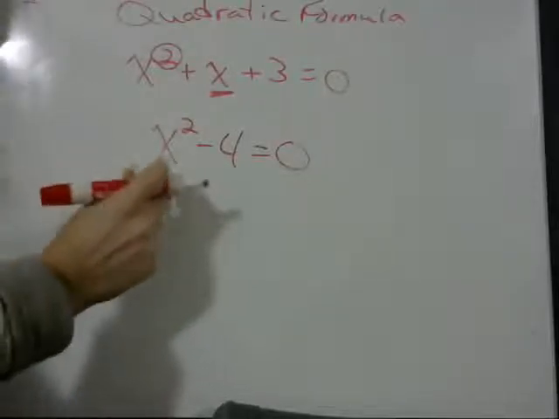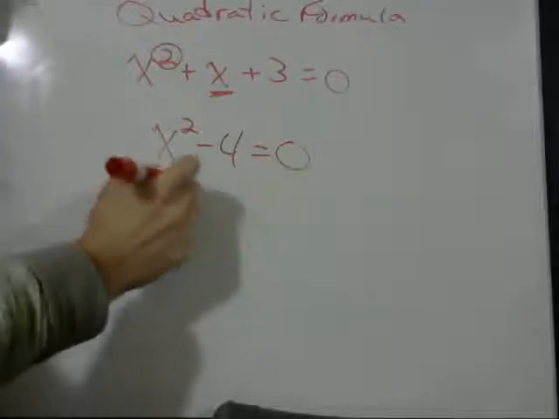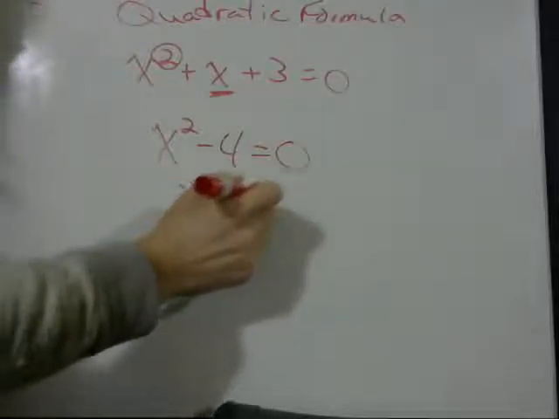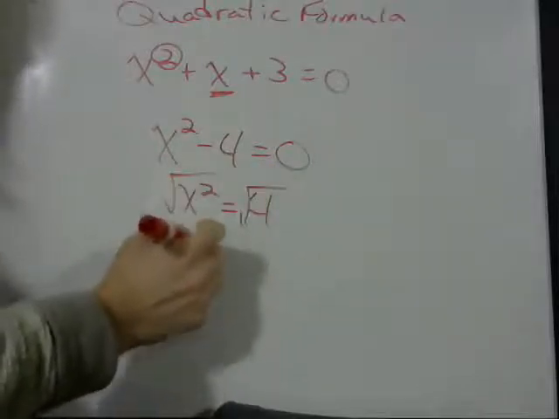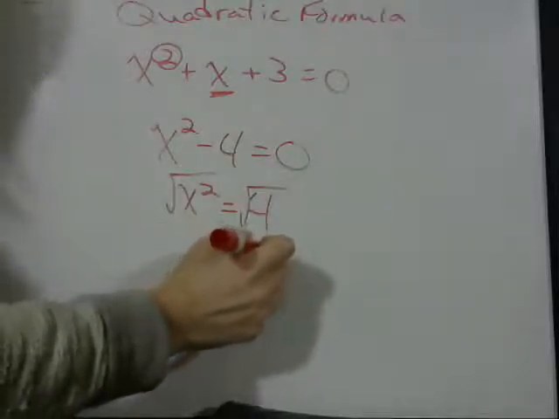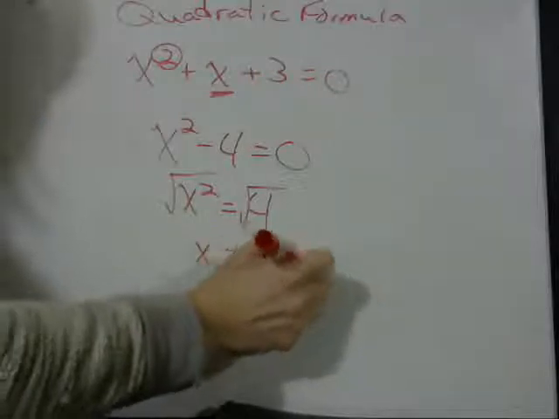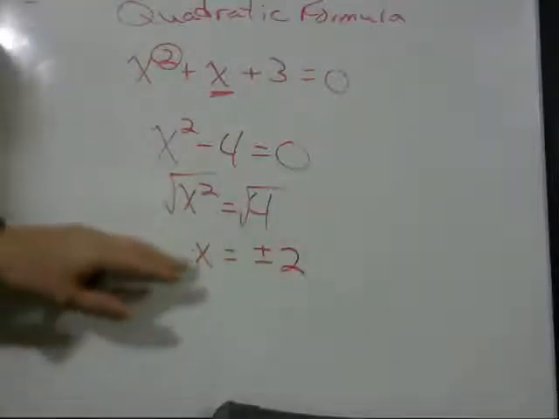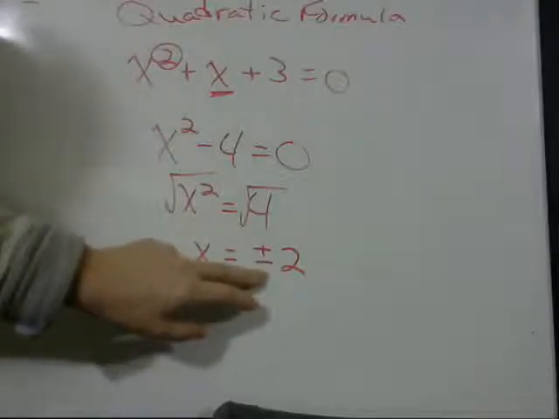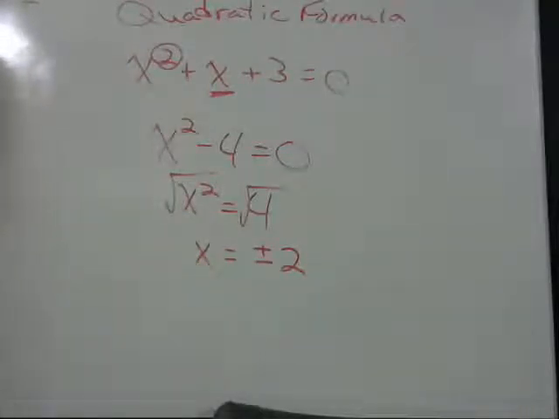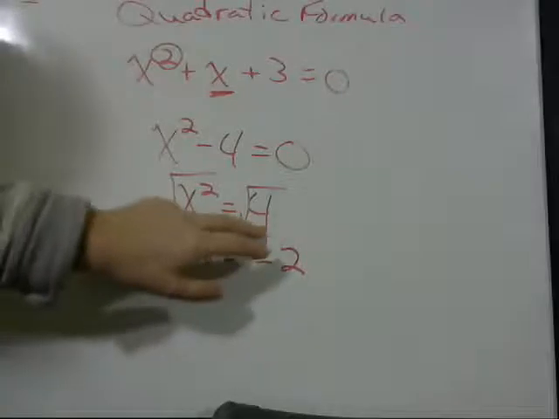You can watch the algebra video because I don't want to go through it all now, but we would go x squared equals 4, you take the square root, so x equals plus or minus 2. Normally we say the square root of 4 is 2, but it can also be negative 2 because negative 2 times negative 2 is also 4.